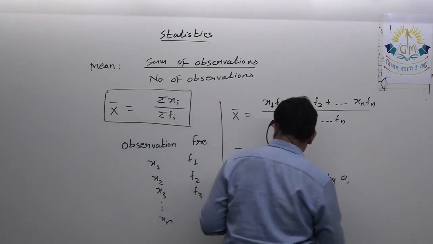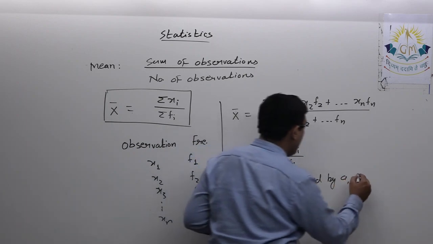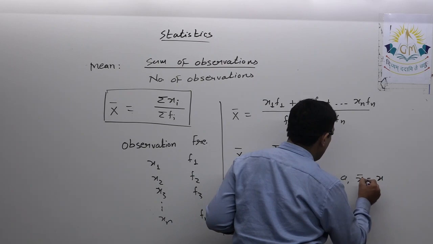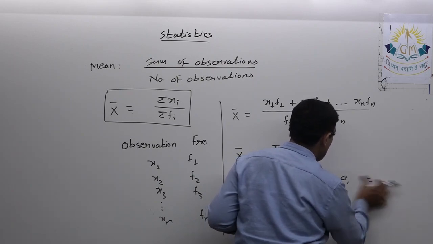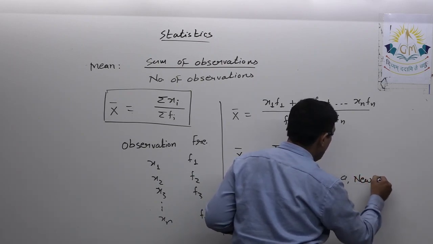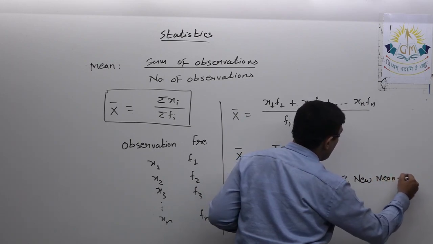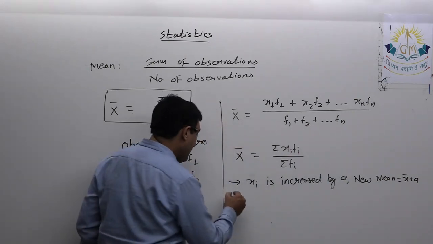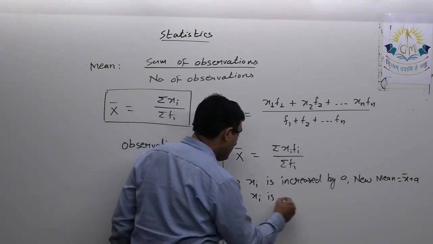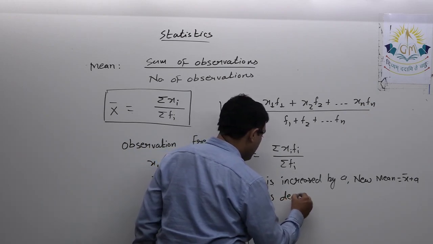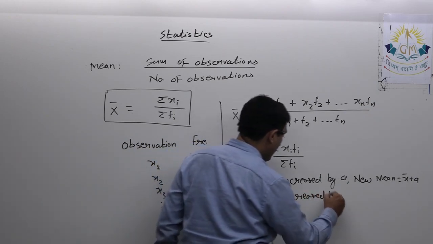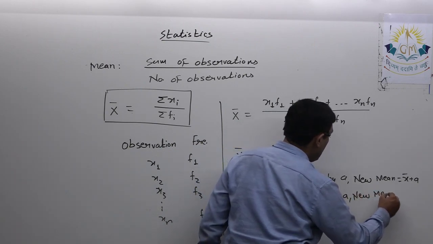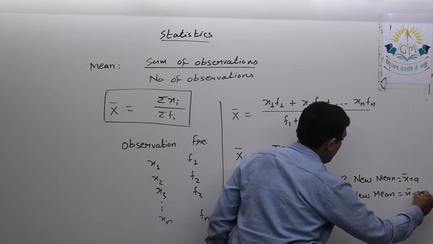That means if each observation is increased by a, then the new mean will be equal to x bar plus a. Similarly, if each observation is decreased by a common quantity, then the new mean is also decreased by that quantity.